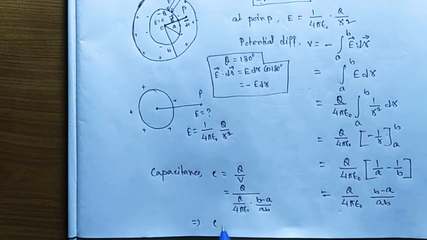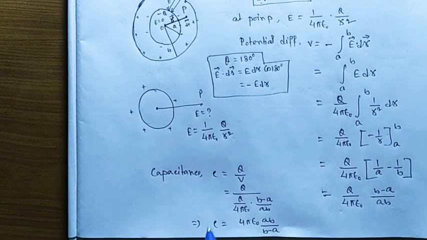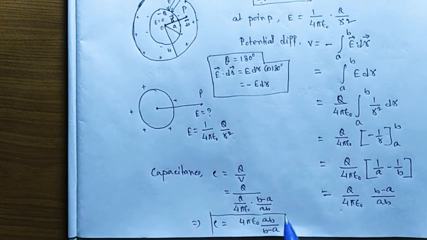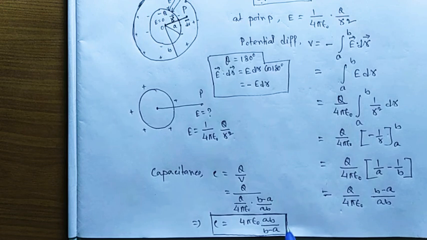Therefore C is equal to, Q and Q cancel out, 4 pi epsilon naught AB by B minus A. So it is the expression of the capacitance of a spherical capacitor.